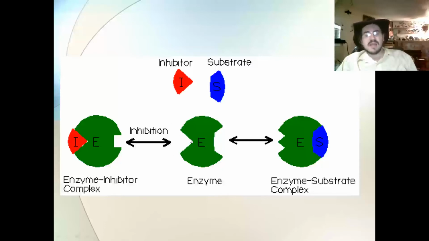We call this an allosteric site, A-L-L-O-S-T-E-R-I-C, allosteric. When the inhibitor binds to the allosteric site, my active site is altered. You can see it right there. The substrate will no longer fit. Bam.